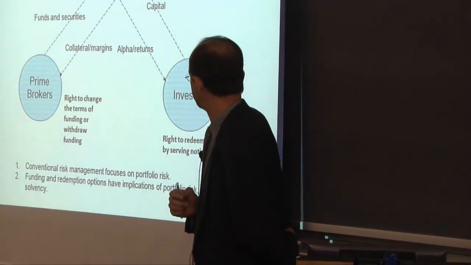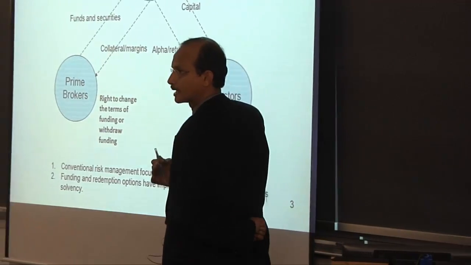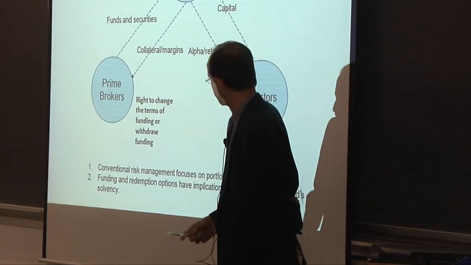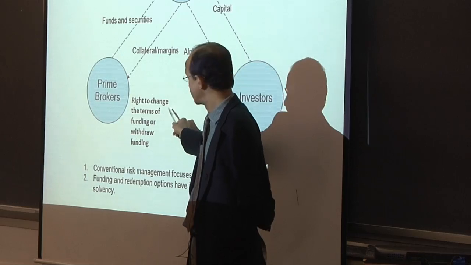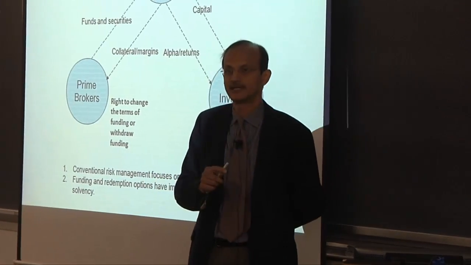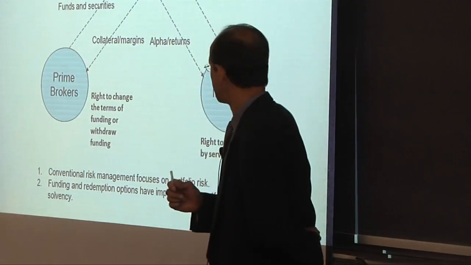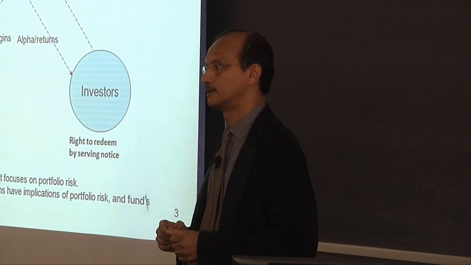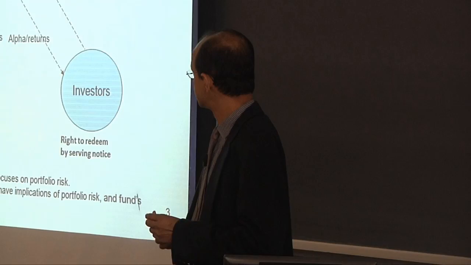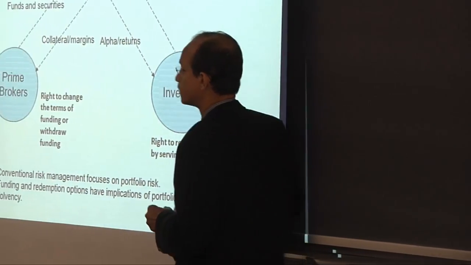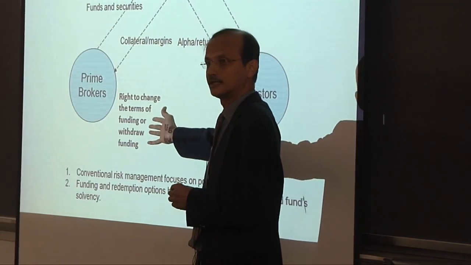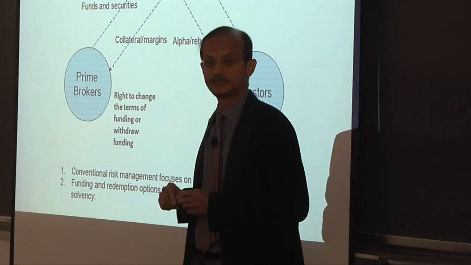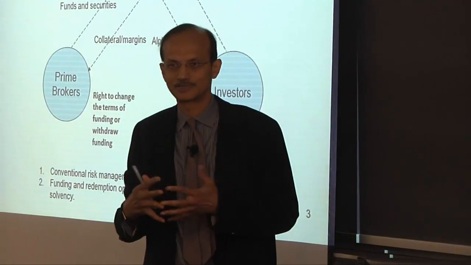Well, if you think hard about the behavior of the prime broker, and I'll give you some evidence on that, of course, the prime brokers have the right to change the terms of their funding, okay? Or they could even withdraw the funding in an extreme situation. Okay? We'll talk about that. That means that the prime broker is holding a funding option. Conversely, the fund manager, hedge fund manager, is short another option, right?